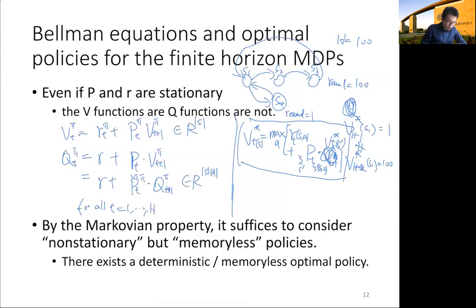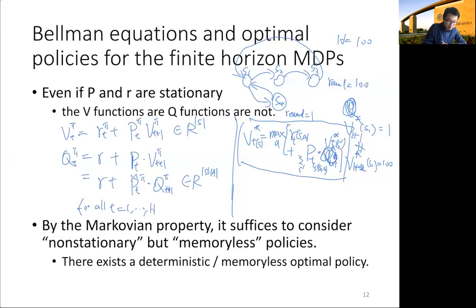Okay, so what about the structure of the policy? In the infinite horizon MDPs, the key structure that we learned and proved is that the policies are stationary. By stationary, we simultaneously mean that it is independent of the index t, and also memoryless, in the sense that the policy only depends on the current state rather than everything that happened in the past.